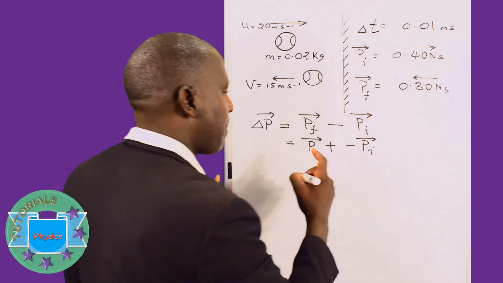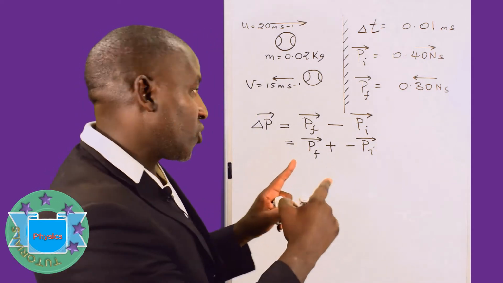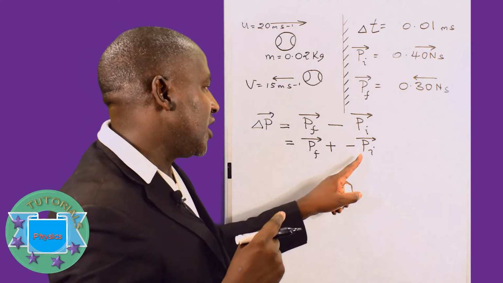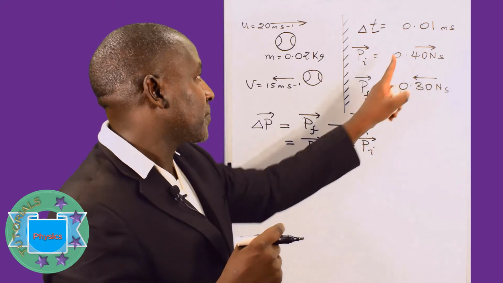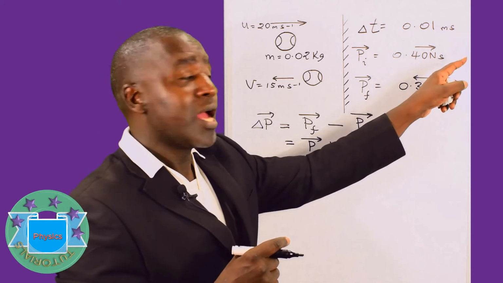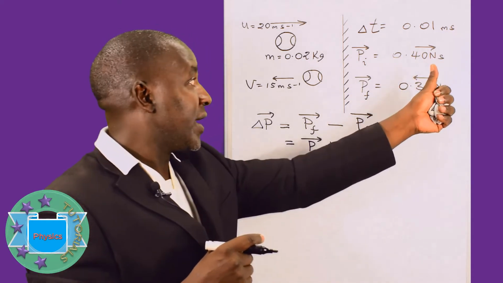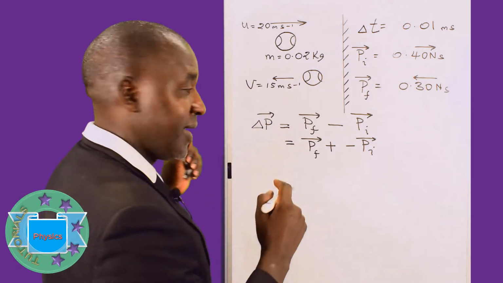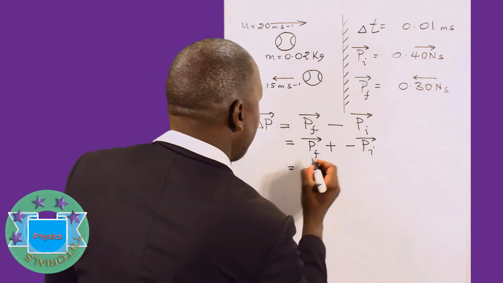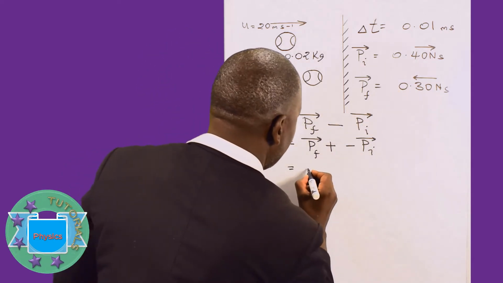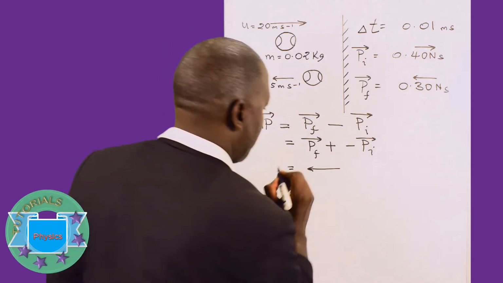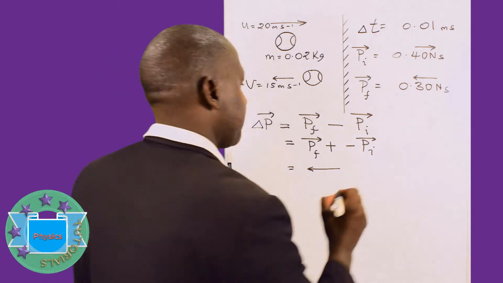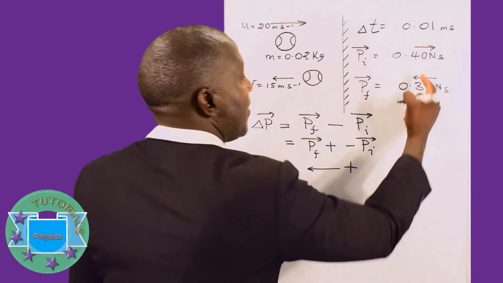This way I want you to pay close attention to what I do here. What is the direction of the initial momentum? To the right. Now I've got to reverse its direction so that it points that way. Final momentum is this way, 0.3, represented by that short arrow, plus the initial momentum.